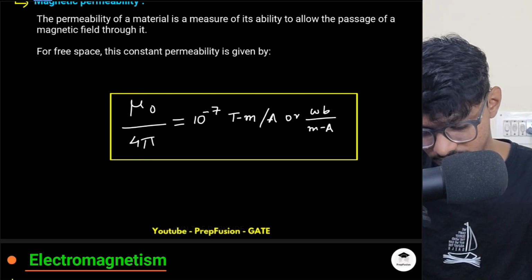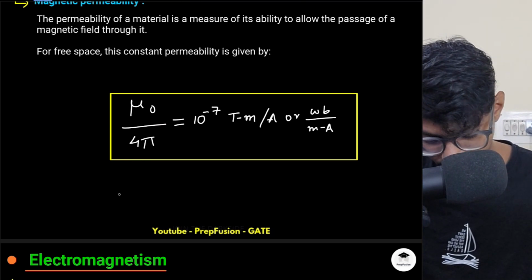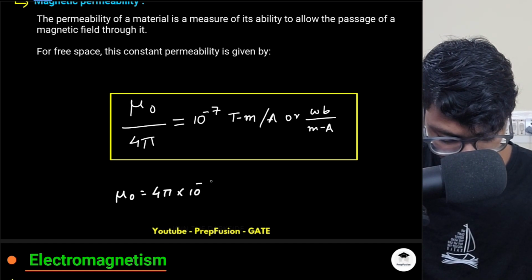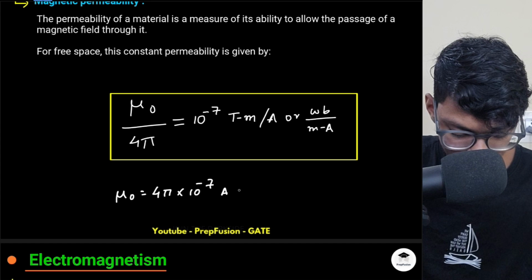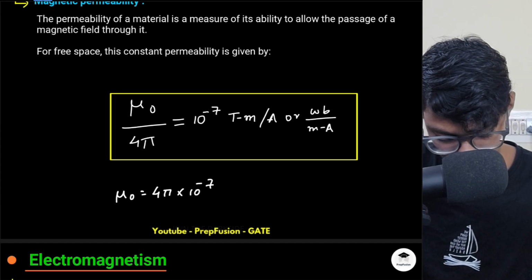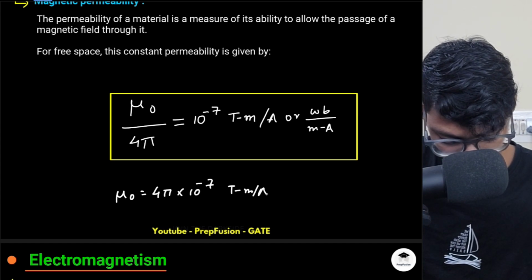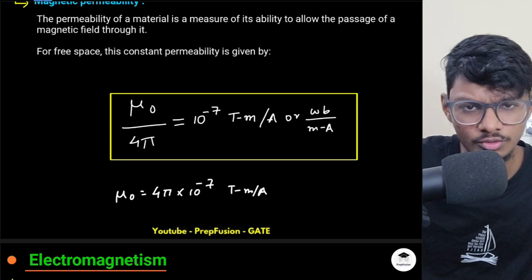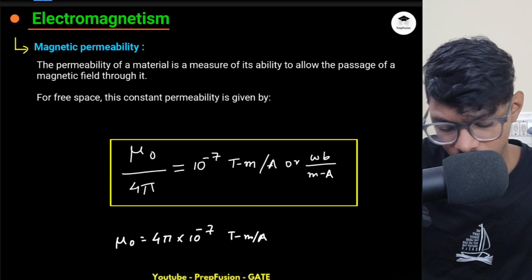A better way to remember it: mu naught equals 4 pi into 10 raised to power minus 7 Tesla meter per ampere. And mu equals simply mu naught into mu r, that we already know.